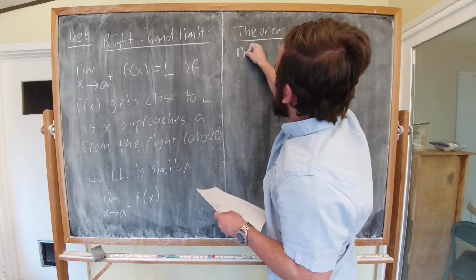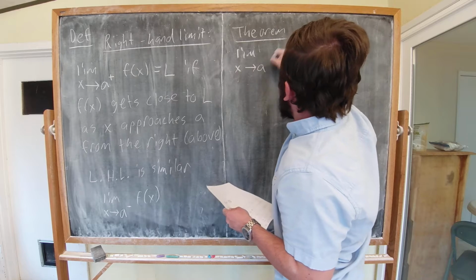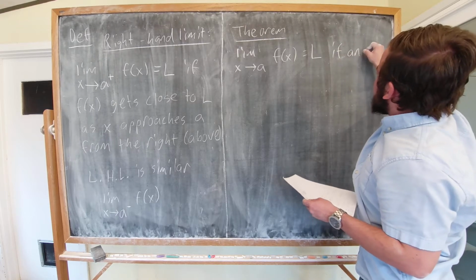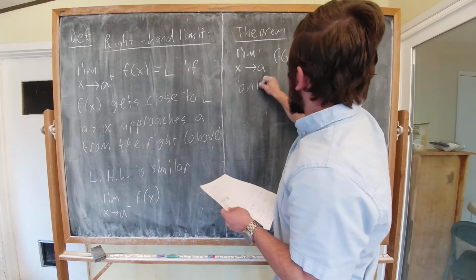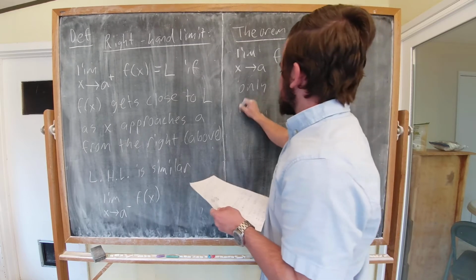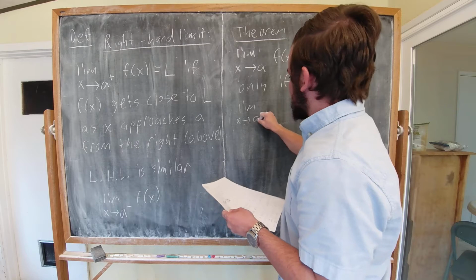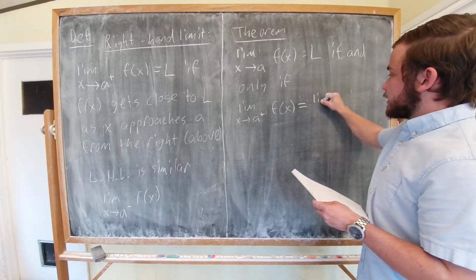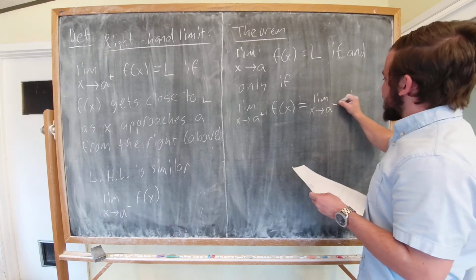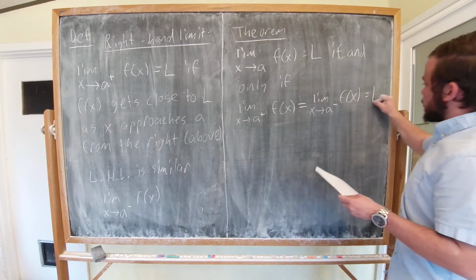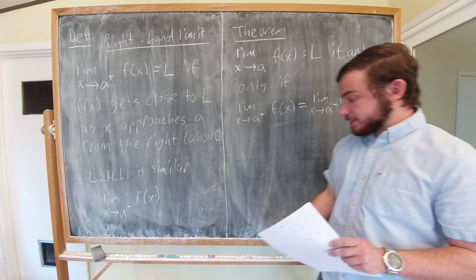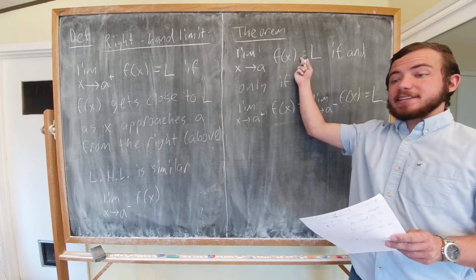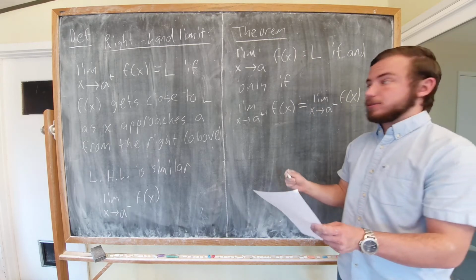The limit as x approaches a of some function f of x is equal to L if and only if the limit as x approaches a from the right side of f of x exists and is equal to the limit as x approaches a from the left side of f of x, and they're both L. So as long as both one-sided limits exist and are equal, we get that the original limit will exist and be their shared value.